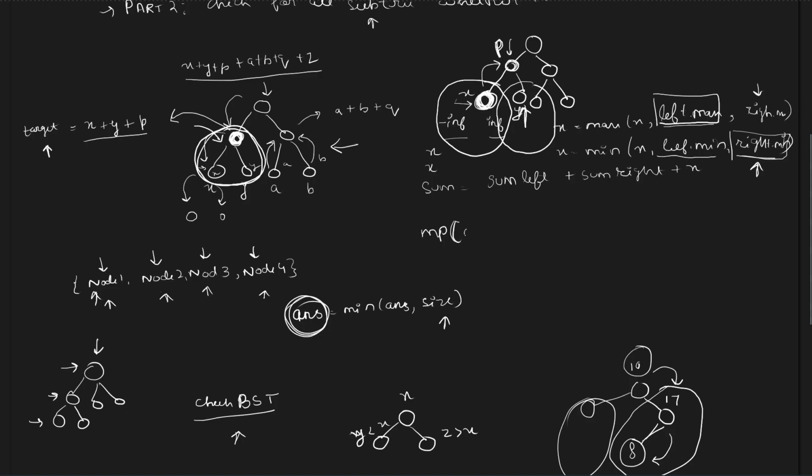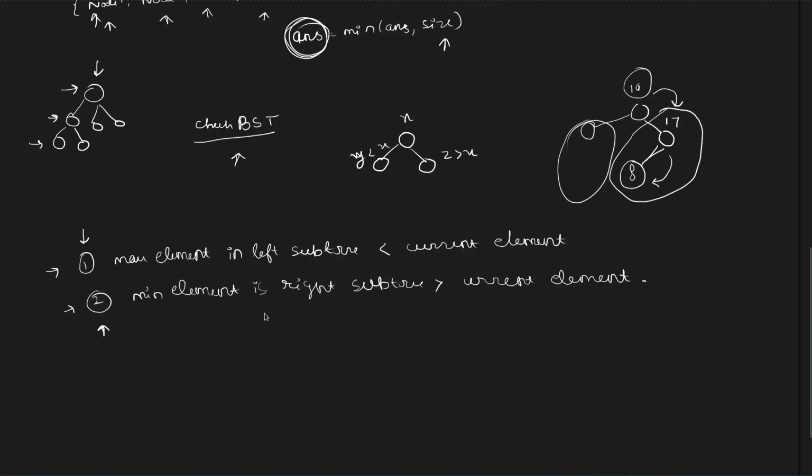So let's say it's of type node, and it will store a pair. So what information will be present in the pair? For any node, I will store only the useful information that I need. So the most useful information that I need is the maximum element present in the left subtree.